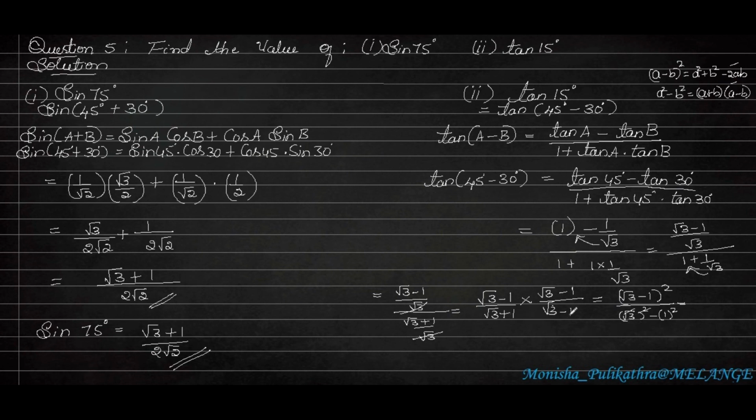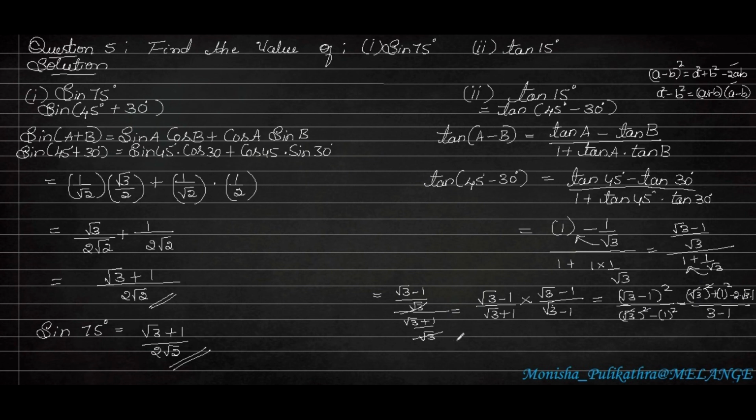In the denominator, a plus b into a minus b is a square minus b square. In the numerator we have to apply the first formula. So it will become root 3 whole square plus 1 square minus 2ab, that is 2 root 3 into 1, whole divided by 3 minus 1.